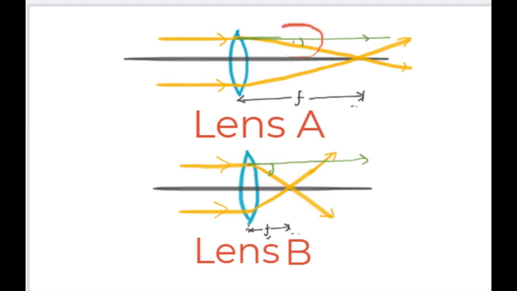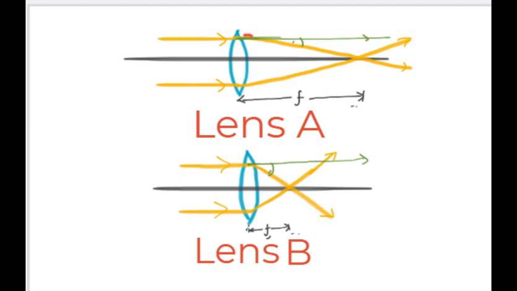So, why is the difference in the angle appearing? This is appearing because of the difference in the power of the lenses. Your lens A has less power. Less power means it can bend the light less as compared to your lens B. Can you see?